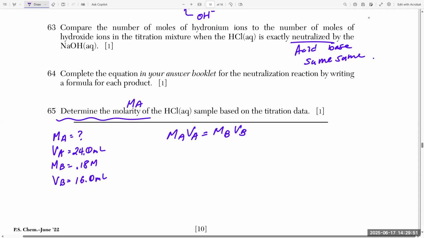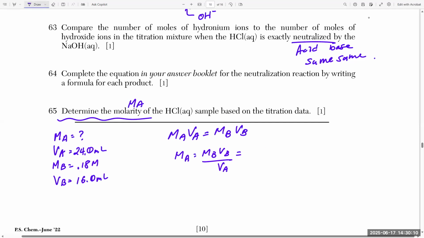So plugging this in, what do we get? MA is equal to MB VB divided by VA. Sorry, I put it out of order, didn't I? It would be 0.18 molar times 16.0 milliliters all over VA, which is 24.0 milliliters.